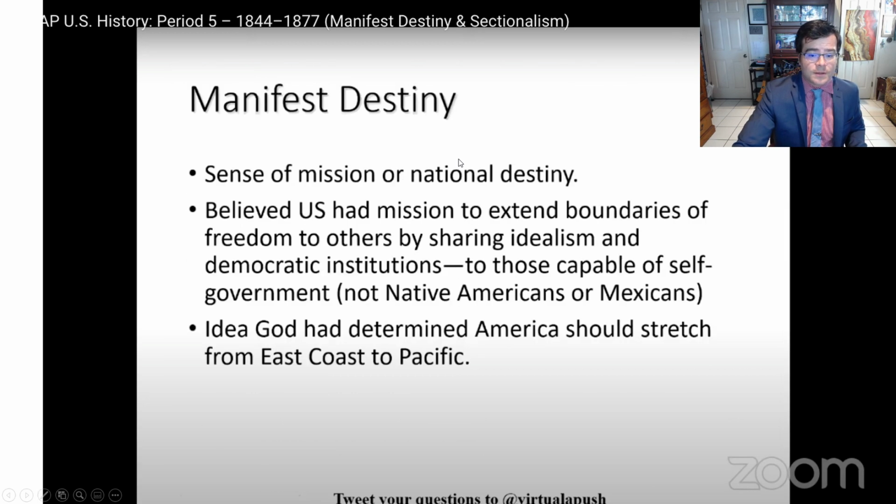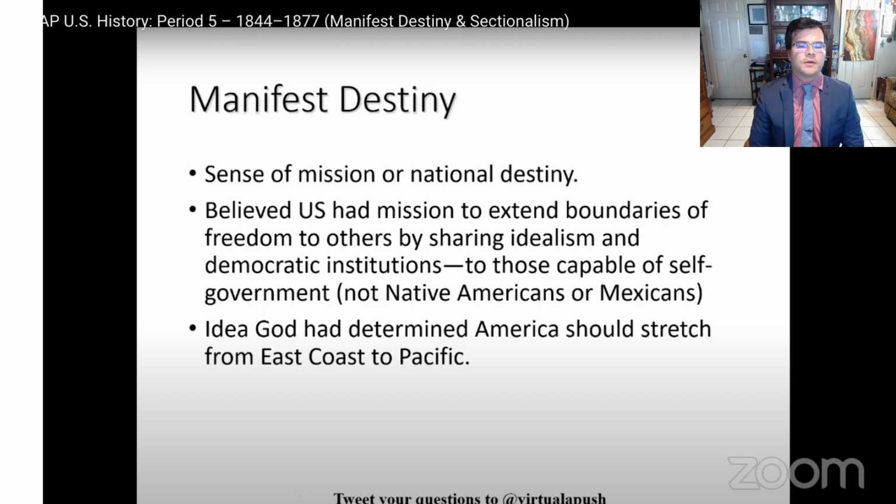Great. So what is manifest destiny again? It's another terminology that we'll have to use on our essays, on our DBQ potentially. It was a concept coined by a dude who was kind of unknown.